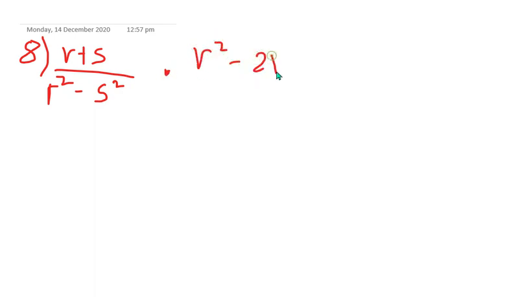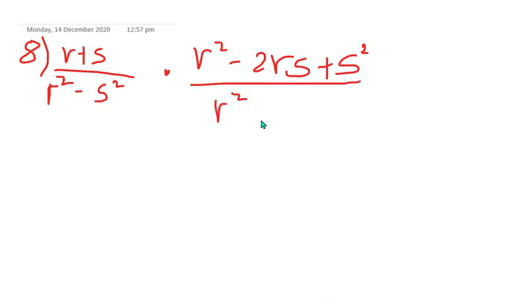Example number 8 on multiplication: we have r plus s divided by r squared minus s squared, times r squared minus 2rs plus s squared over r squared minus rs.